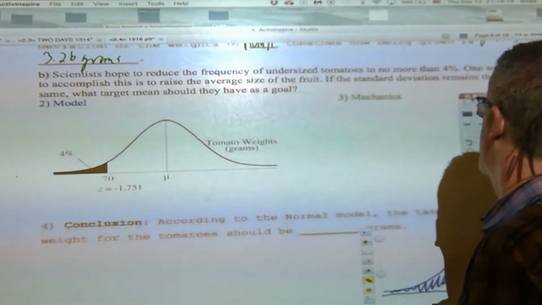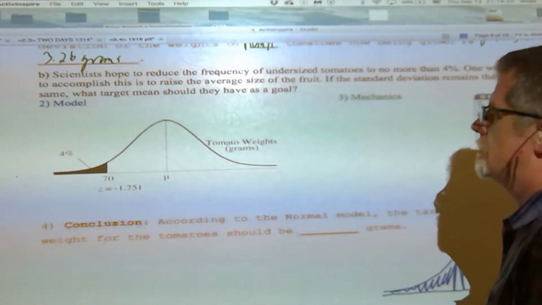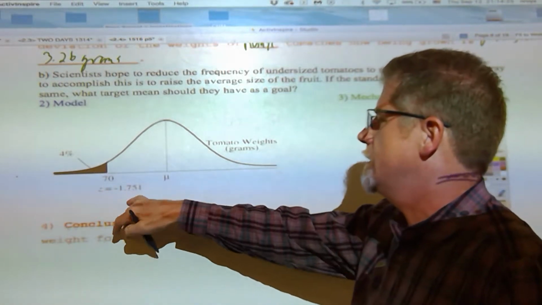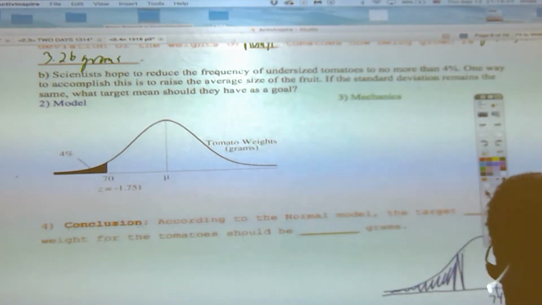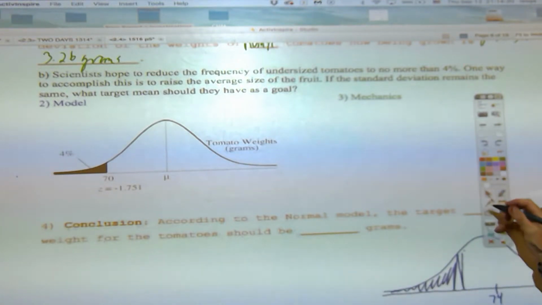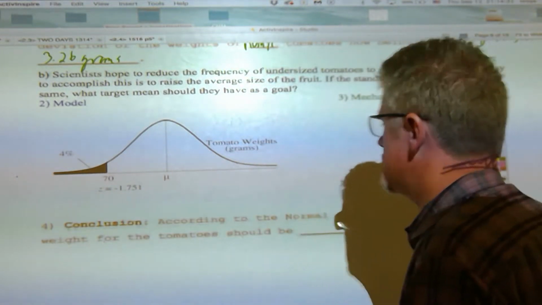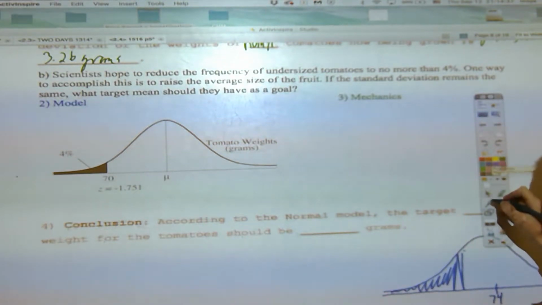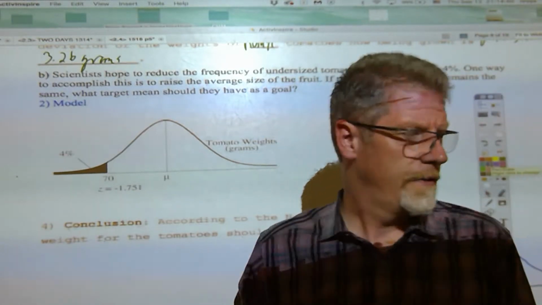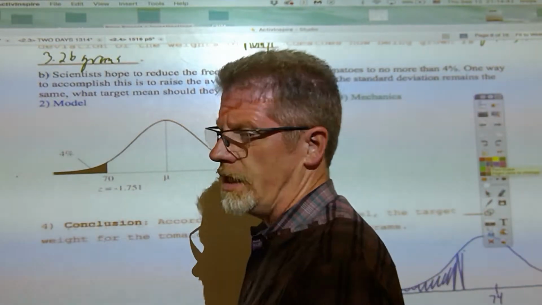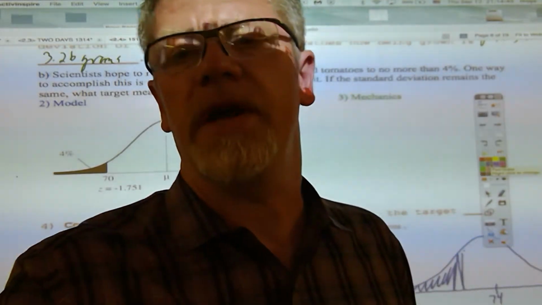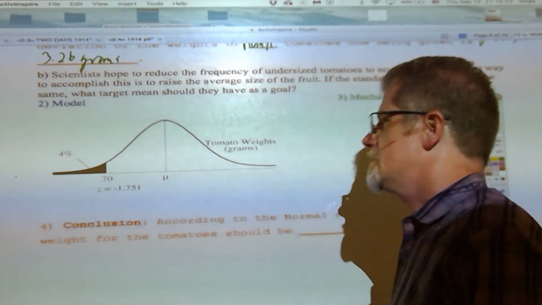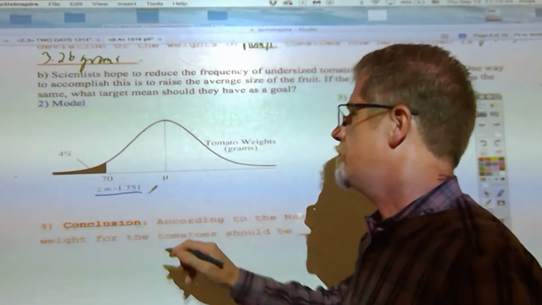To figure this out, they didn't tell us the Z-score, but it's there on your paper. To find out the Z-score, which happens to be negative 1.751, in case you're wondering where did they get the negative 1.751?